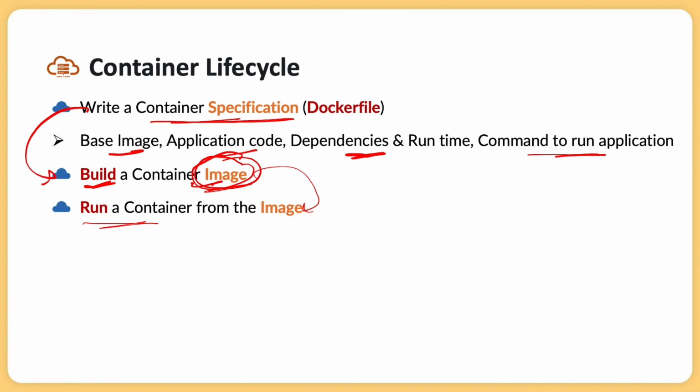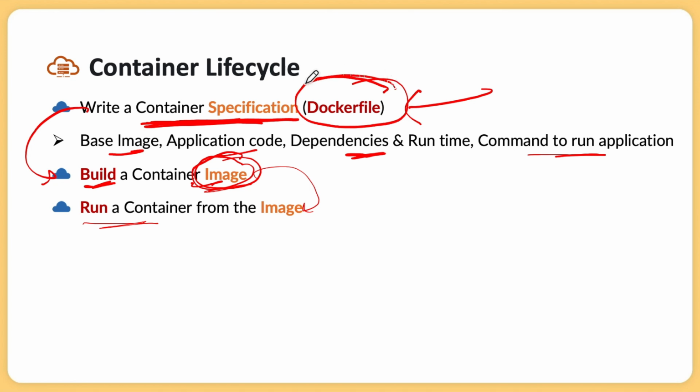Again, it depends on which container platform we have written this specification for. So imagine if you are writing this container specification for Docker, then this container specification file is called a Dockerfile. So you will be writing this in a Dockerfile. Again, as I said, it depends on the containerization platform you are using.